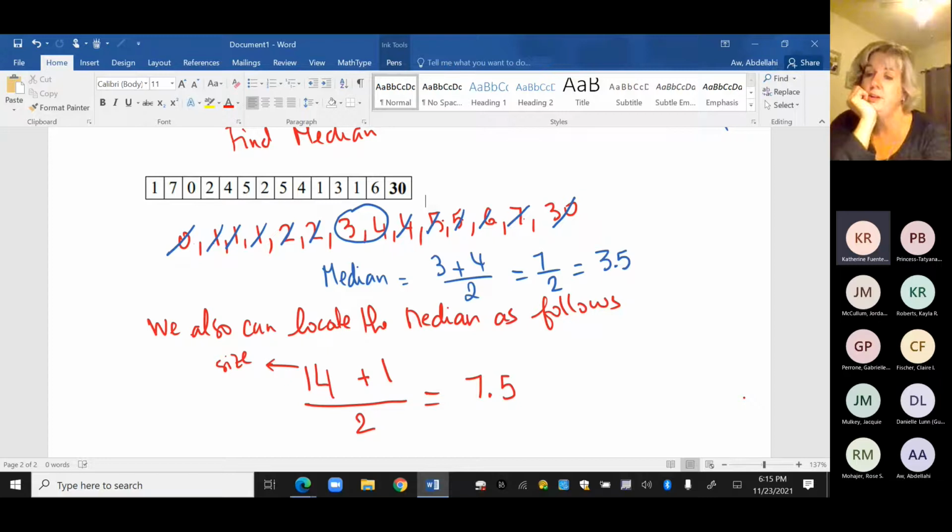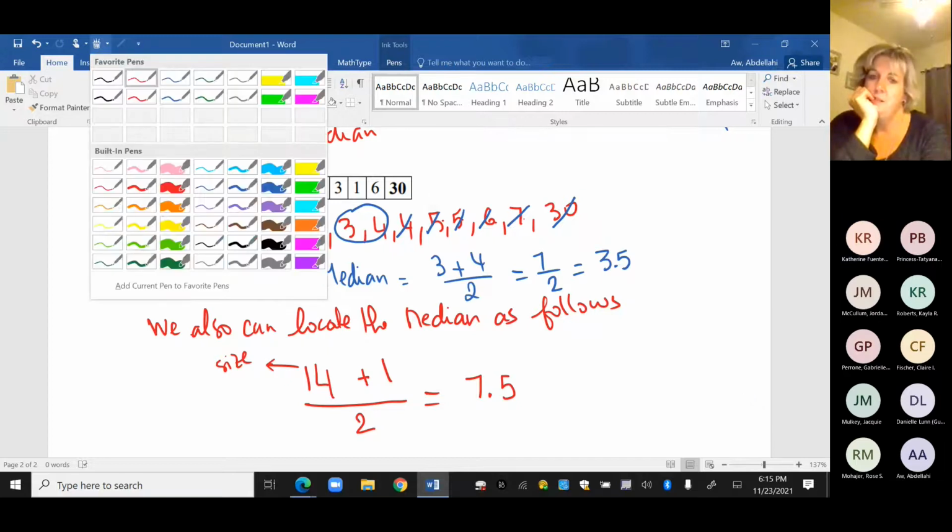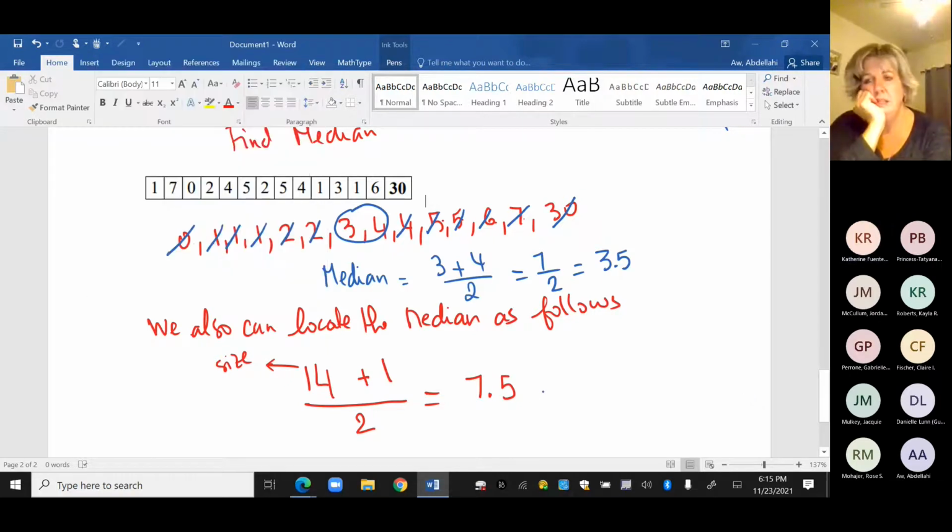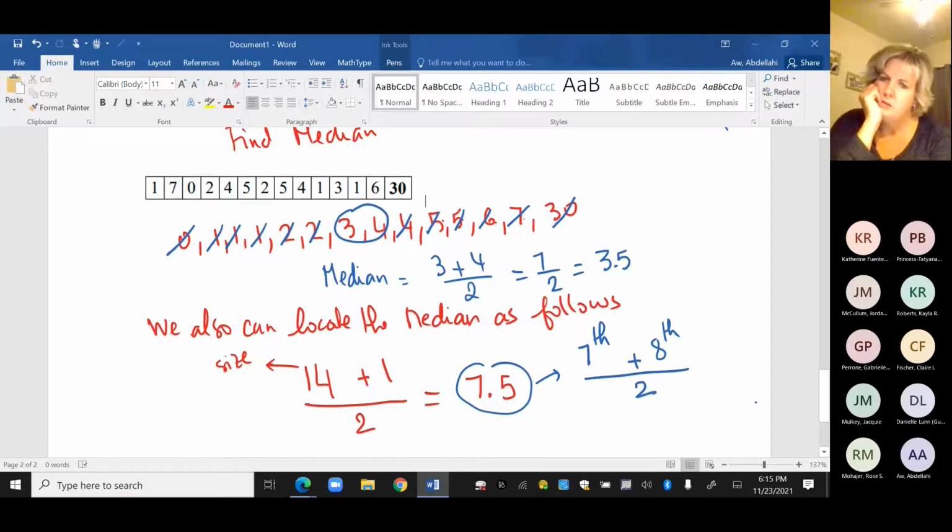Would we round up? We will not round up exactly. Since it is 7.5, what we're going to do is take the 7th position plus the 8th position divided by 2, and that's going to be the median. It's not 7 plus 8 making 15, okay?